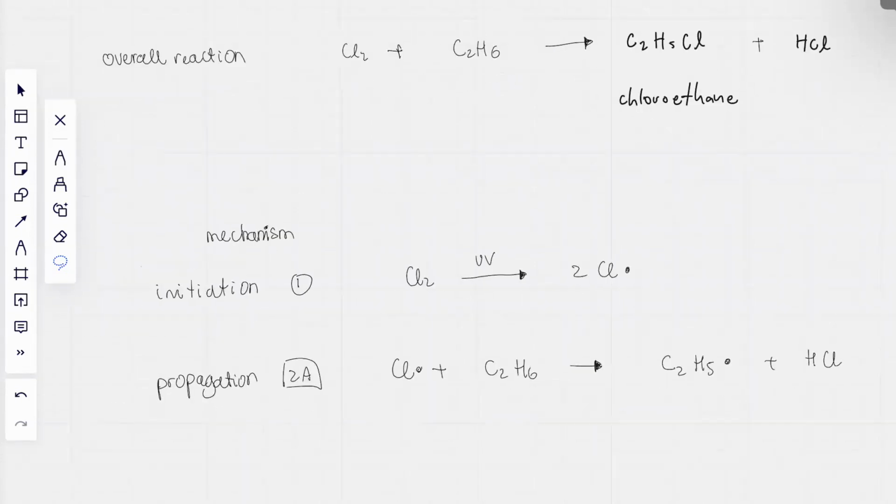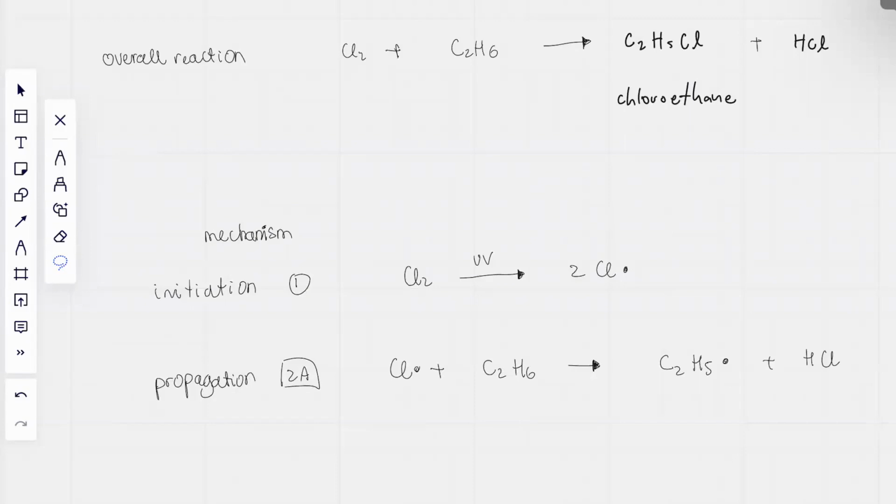Okay. This one is the reaction mechanism. First step here: Cl2 plus, okay, I take something.